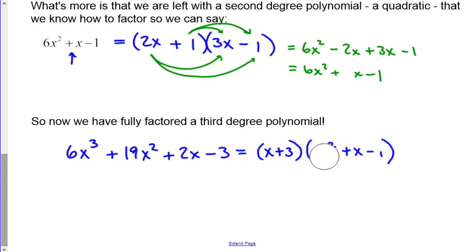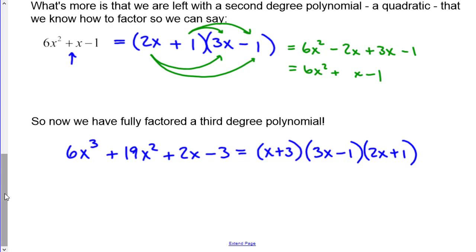But then we factored that into 3x minus 1 times 2x plus 1. And now we have this polynomial, this cubic polynomial, fully factored into linear factors. That's our overall goal for this unit.